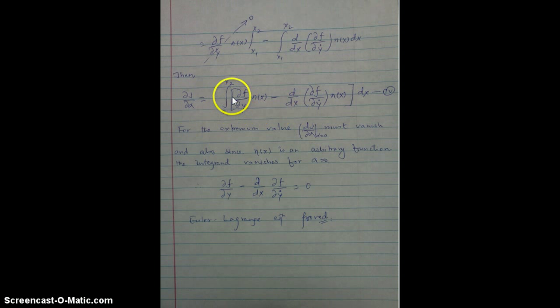So I could say the inside expression, when this eta of x is factored out, would be equal to 0. So that is what I have written over here. The expression would be the partial derivative of f with respect to y minus d by dx of the partial derivative of f with respect to y dot equals 0, and that is our Euler-Lagrange equation, and it's proved.